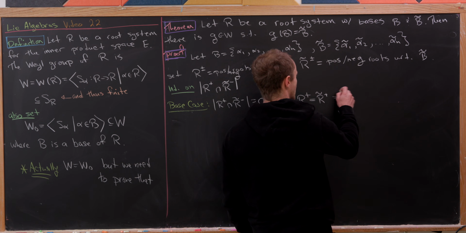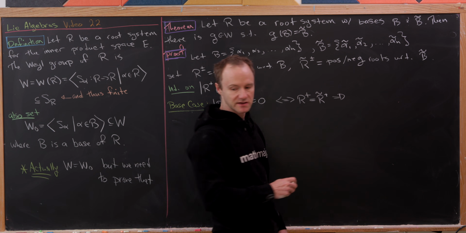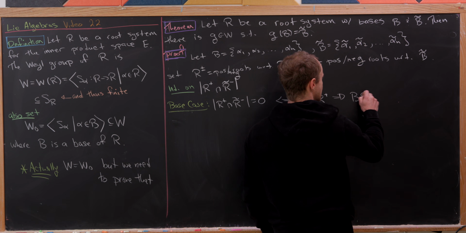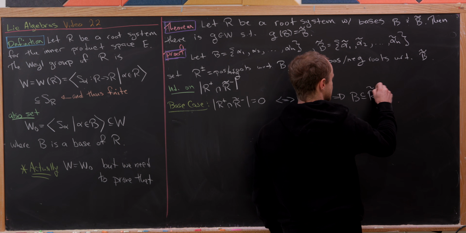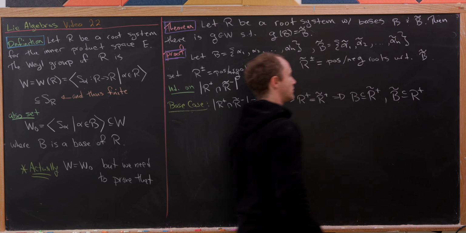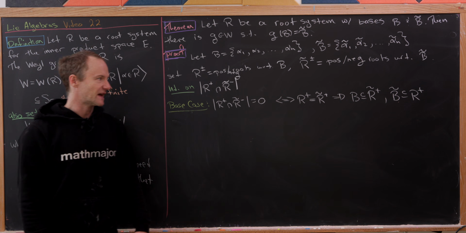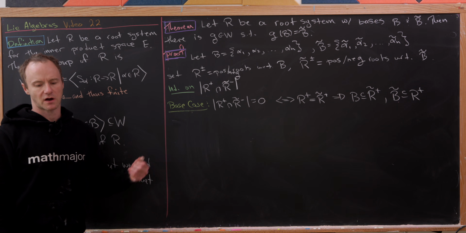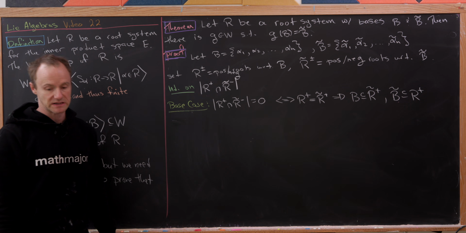Okay, but then what does that tell us? That tells us that B is a subset of R tilde plus, and B tilde is a subset of R plus. And that's just because basis roots are positive roots, kind of clearly.